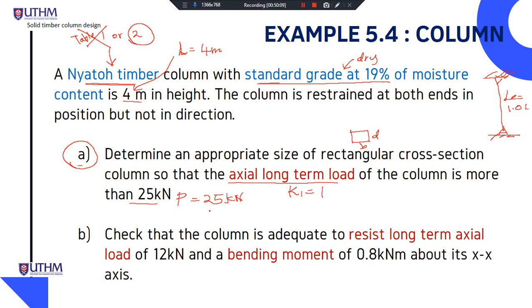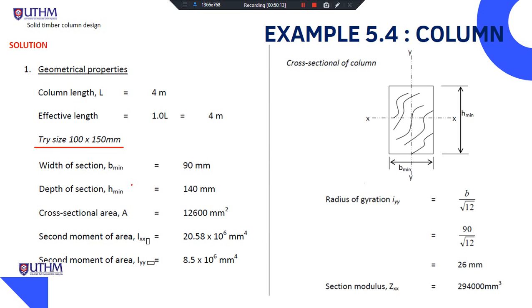Let's look at the solution for case A. For the geometrical properties, the length is equal to 4 and our effective length is 1.0 L. Try size 100 multiplied with 150. This is the nominal size.